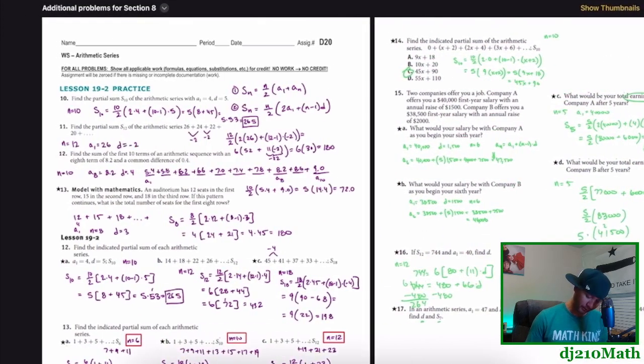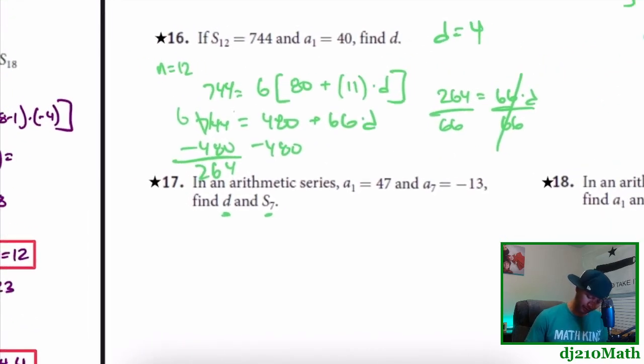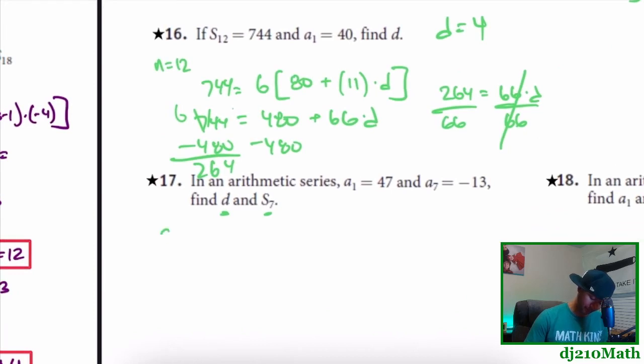The sum of the first 7. Okay, so we could use that. We could use formula number 1 for right now. Right, because the sum of the first n terms is n divided by 2 times a sub 1 plus a sub n.